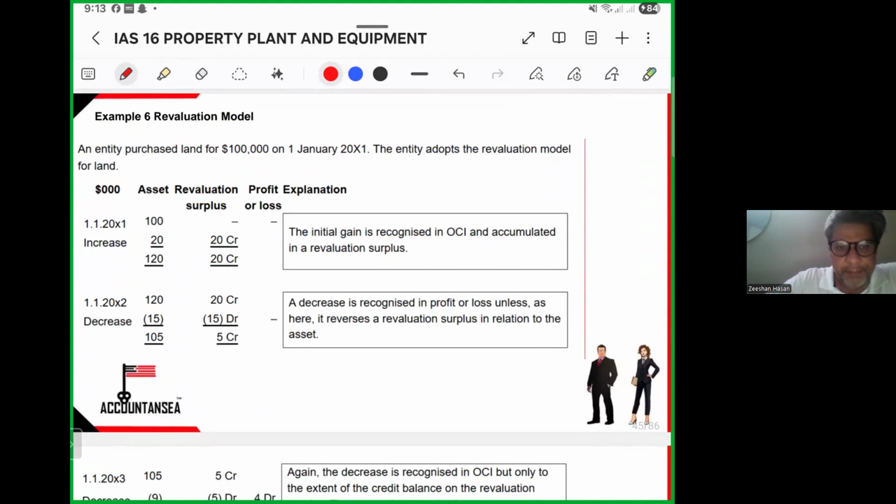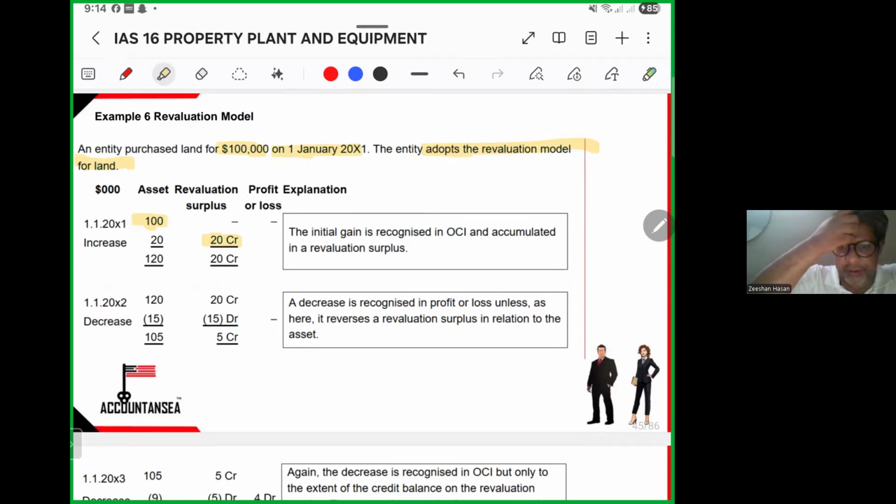So now the next example. An entity purchased land for 100,000 on 1st January 20X1. The entity adopts the revaluation model for land. As you can see, on 1st January 20X1, the asset cost was 100. Now revaluation surplus is credited by 20.